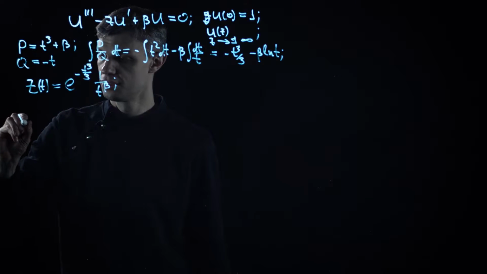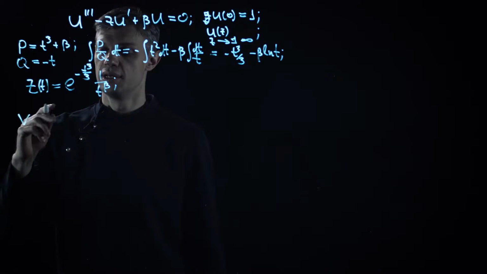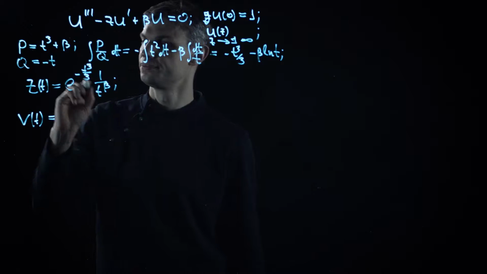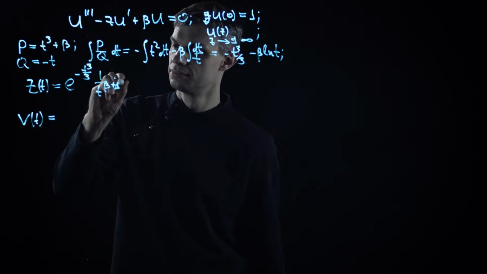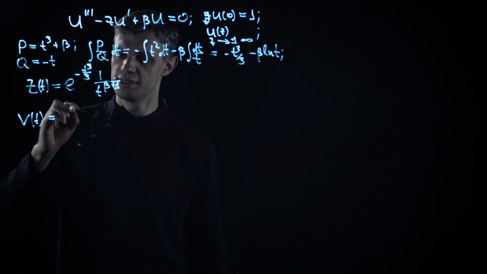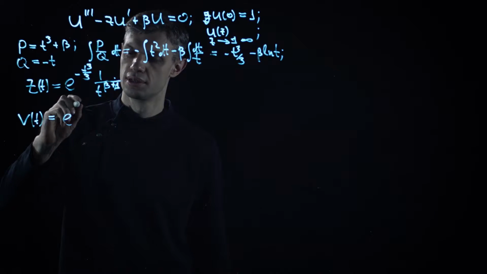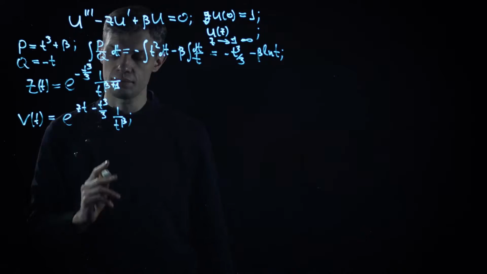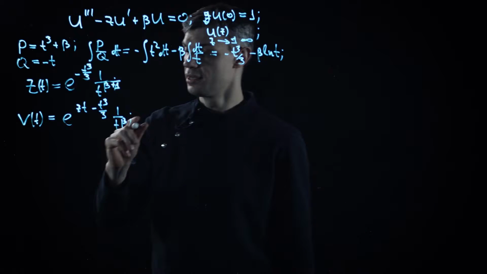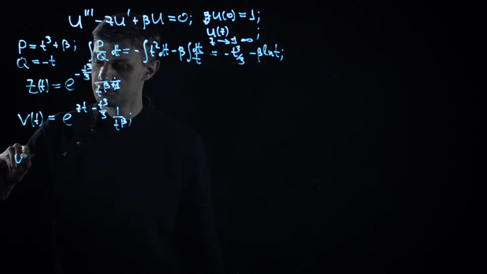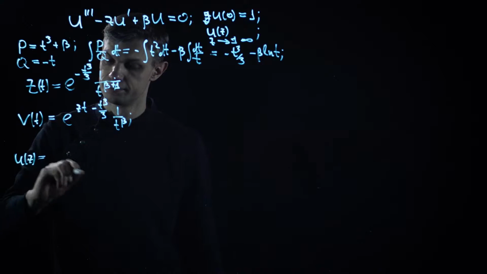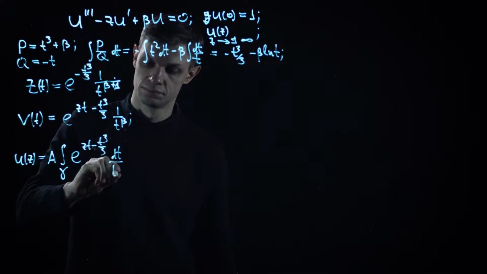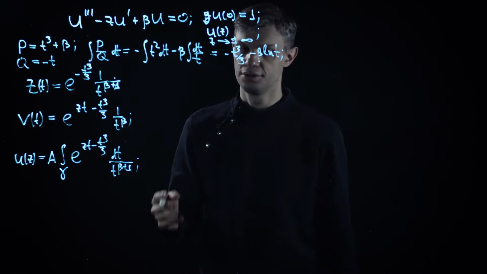And the v function, which defines the position of the contour, is almost identical. Sorry, the v function is e to the zt. Now let's write down the exact solution in terms of the contour integral, and let's study its structure.